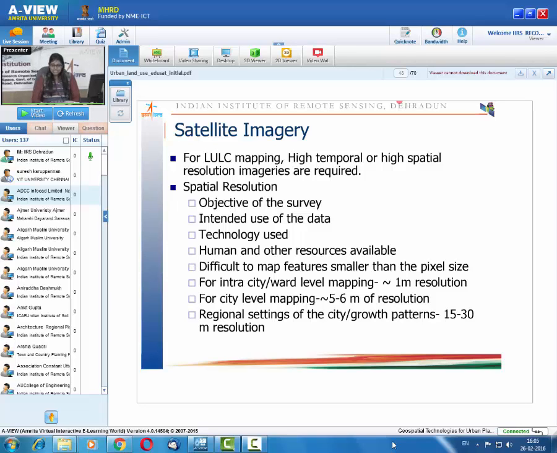I am correct in saying that only high resolution satellite imagery is not useful for planning, because for perspective planning or for regional plans, we do not need high spatial resolution data. We don't need that information for a regional plan. So depending upon the level of planning, we can choose the spatial resolution and temporal resolution of the imagery.